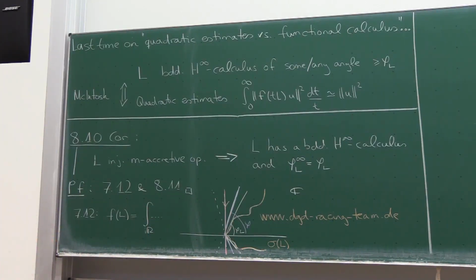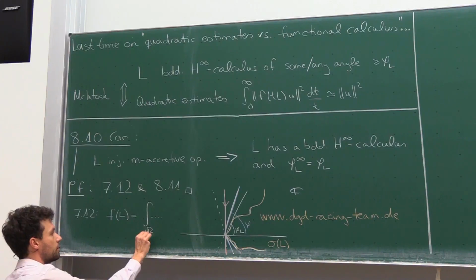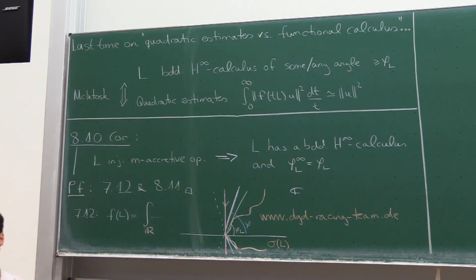That was the starting point of all. And then von Neumann's inequality worked, and you got the H-infinity calculus of large angle. And then in the second step, 8.11, you change the angle.